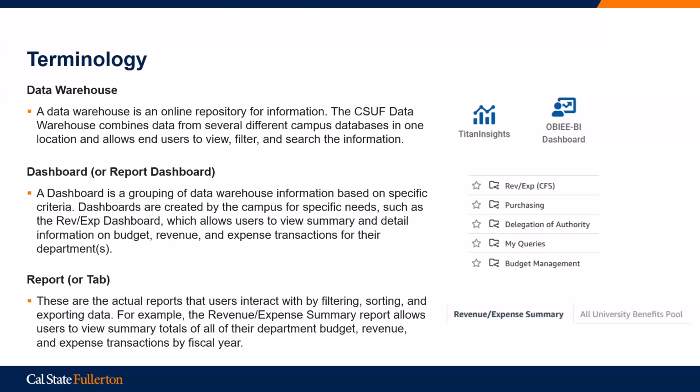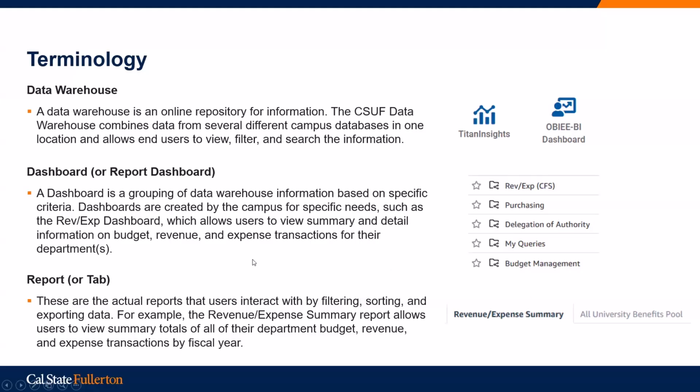And so dashboard or report dashboard is just a way for us to group those reports together based on some sort of criteria. Today, the one that we're going to be using as an example is the revenue expense dashboard, and that allows users to view summary and detailed information on your budget, revenue, and expense transactions. But as you can see from the screenshot here, there's more than just that one report dashboard available.